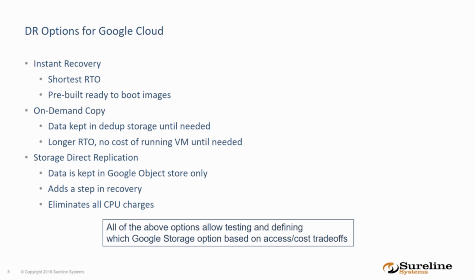We also have what we call a storage direct replication. So this uses absolutely no CPU in the cloud, in that the data is really just kept in a Google object store. Now, when I need to do recovery, it adds another step because I need to create that data store and then I do the full rehydration. So it's a slower process, but it's the lowest cost.